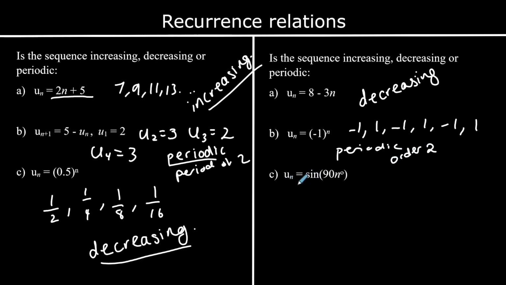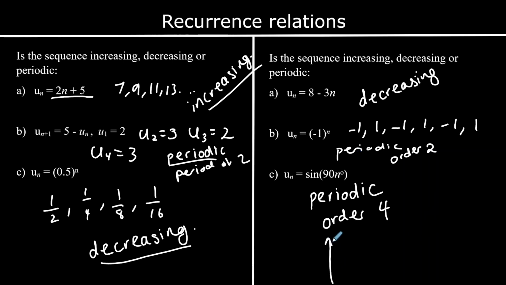And the last one, sine of 90n degrees. So it's going to be sine 90, sine 180, sine 270, sine 360. And then the sine graph repeats every 360 degrees. So it's going to be periodic. And it's got an order of 4 this time.